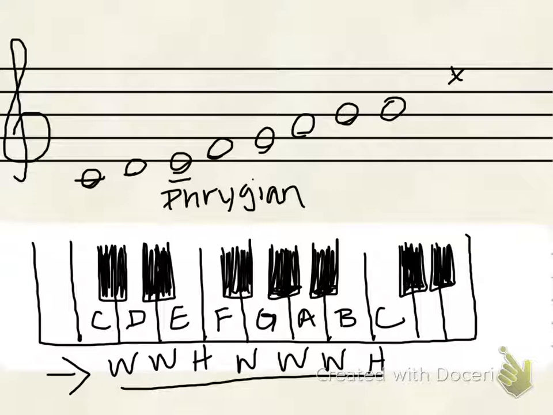The notes stay the same, and that's because we're talking about modes now. We're not talking about scales. That's going to sound like this. A little different, and again, it's different to our ears, most likely. It's probably not the basis for a lot of the music that you might listen to.